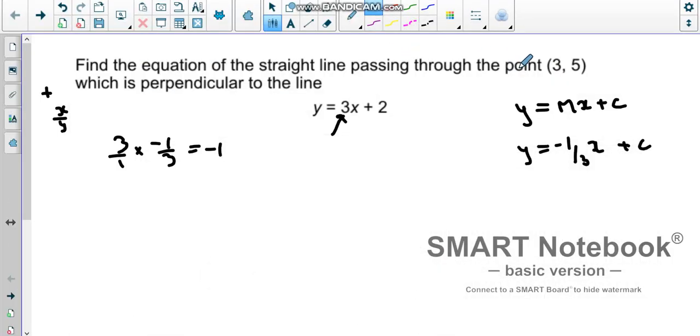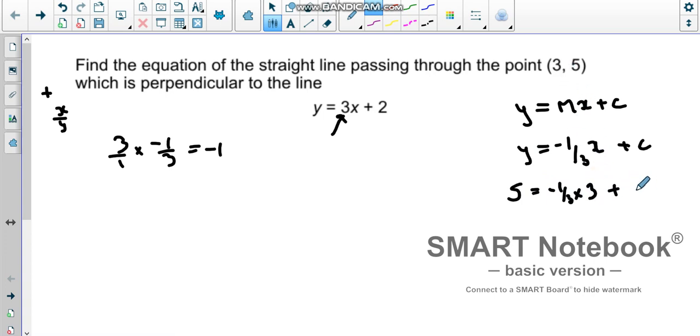So with that in mind, we know that whatever number we put here, I've got to be able to put an x coordinate of 3 in and a y coordinate of 5 in, and it's got to abide by the rule of this equation. Okay, so we substitute 5 in for y, the y coordinate, and we do minus 1/3 times 3 for the x coordinate.